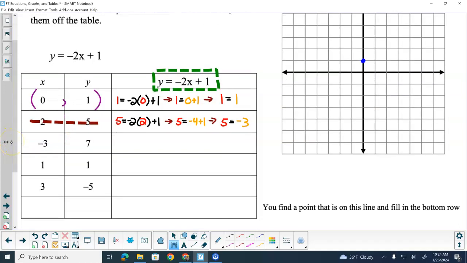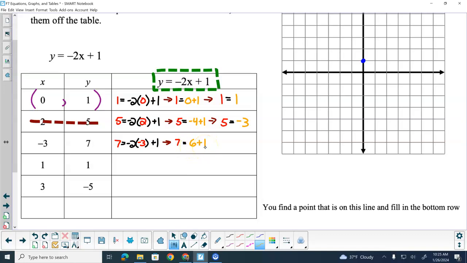Negative 3, 7. So then we've got 7 equals negative 2 times negative 3, then plus 1. Seven is equal to negative 2 times negative 3 is positive 6.